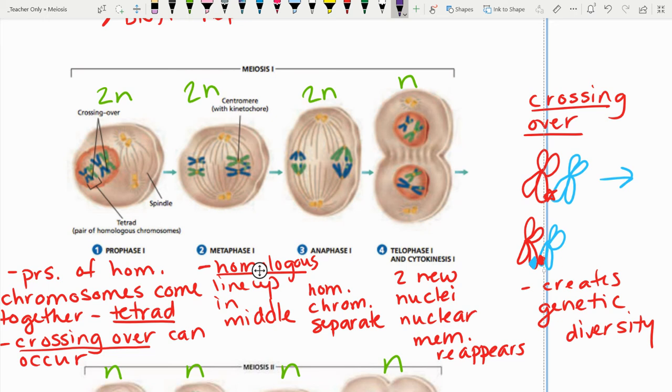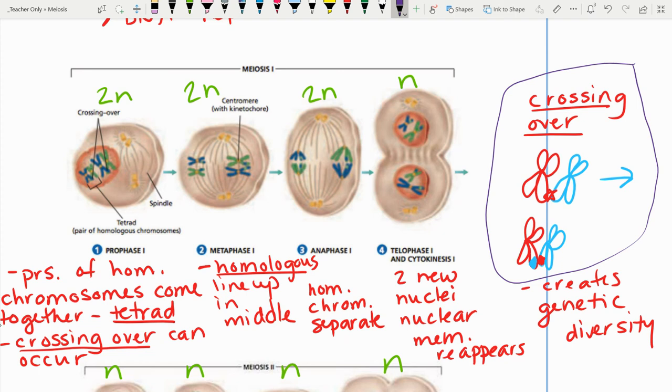Crossing over can occur, and this is a main event, a very important event. Over here on the right, I have crossing over. What you see happens is you have this homologous pair, and their little chromatids touch and they swap genes.